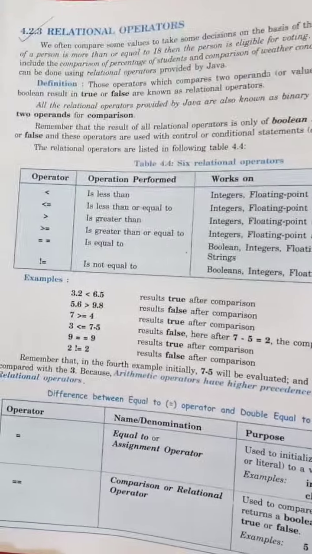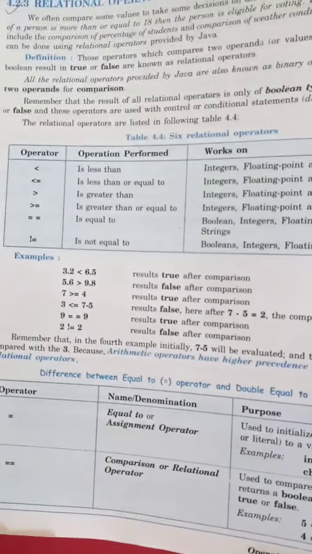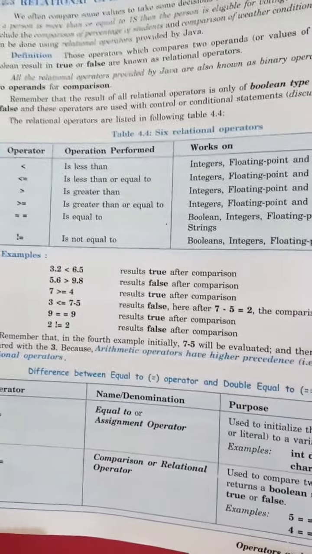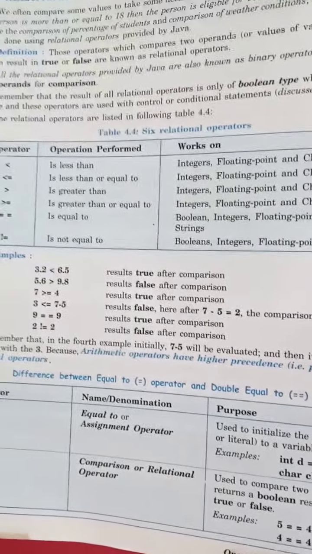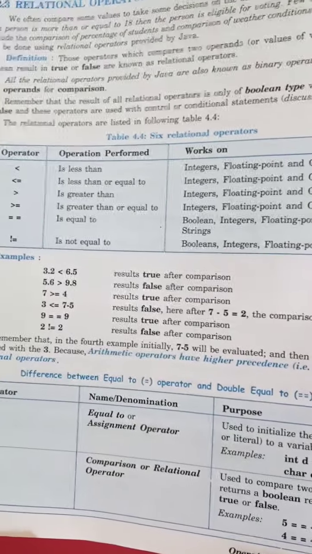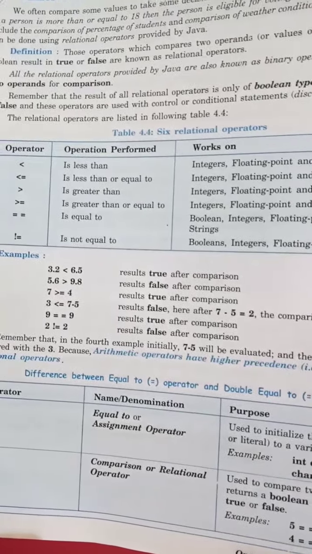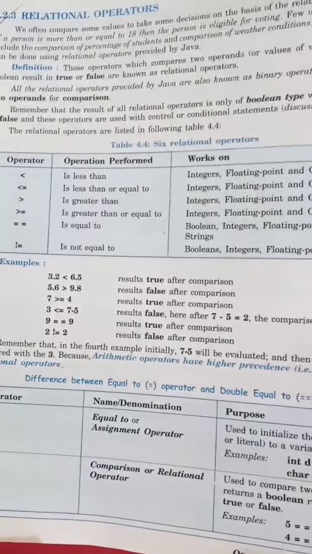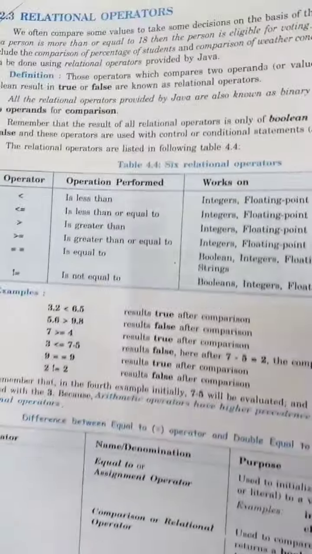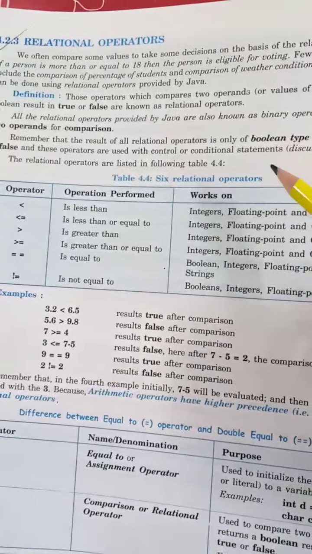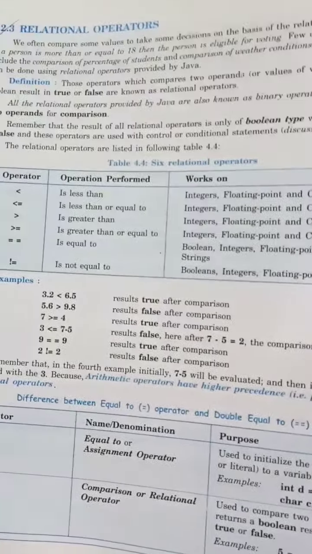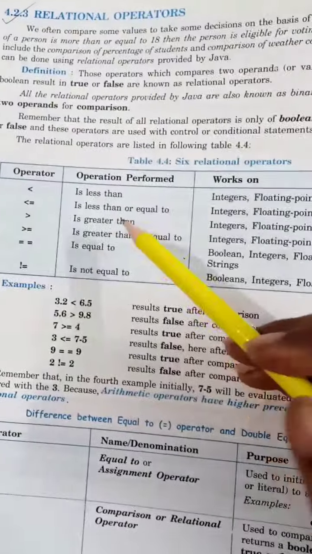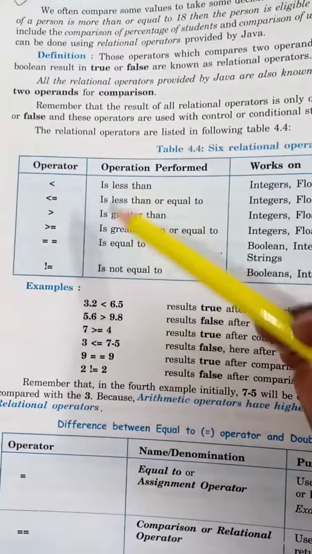With a single operand we can't perform any comparison, so relational operators need at least two operands to compare their values, and these are the relational operators.